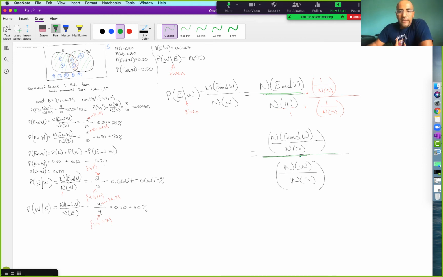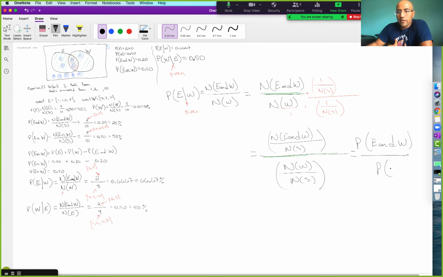And if we look at this, this is the exact definition of the probability of E and W. Forget conditional probability, going back to the probability of E and W, that's equal to the number of ways that E and W can occur divided by the number of values in our sample space. So this numerator is equal to the probability of E and W, and we divide that by this, which is exactly equal to the probability of W: the number of ways that W can occur divided by the number of values in our sample space.